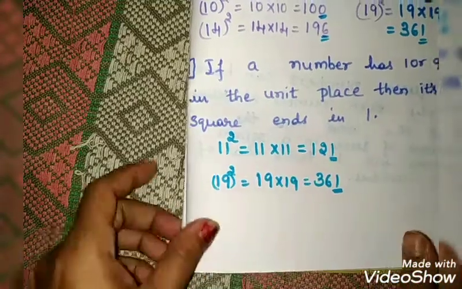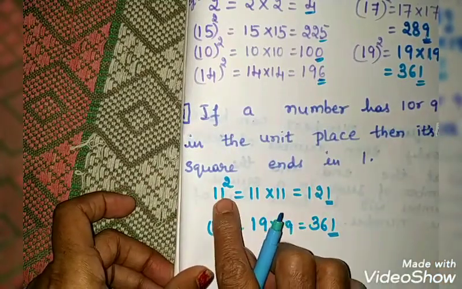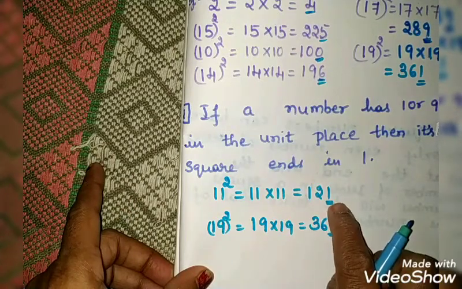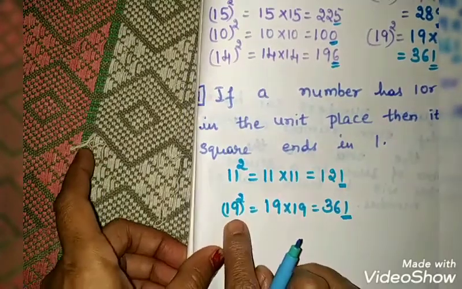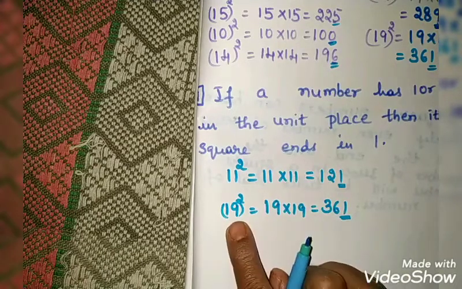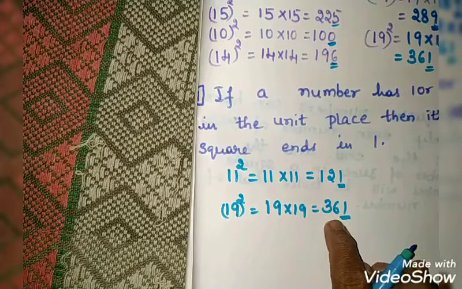If a number has 1 or 9, one example I gave ending with 1 in the unit place. There also we got the square number 121 which ends with 1. Here I have taken a number which ends with 9, or in its unit place 9 is there. When we found out the square of this number, 19 into 19, we got 361.